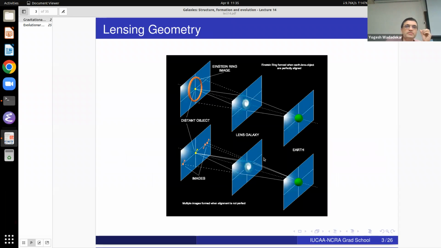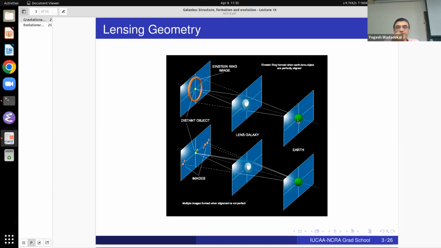But we can use this principle for studies of galaxies. So suppose you have a galaxy which is here. This acts as the lens. And you have, let's say, a point source exactly behind the galaxy, and you're observing from Earth. So what happens is the light rays that come from that point source get lensed, they get bent, and they reach the Earth from 2 different or many different directions.